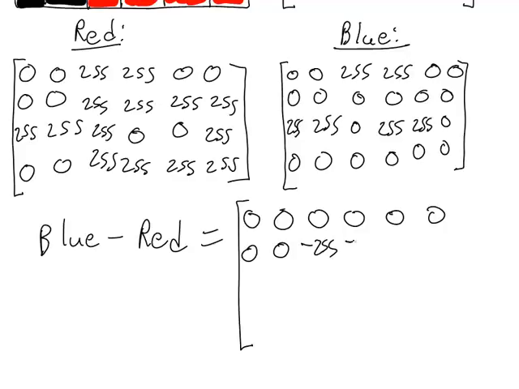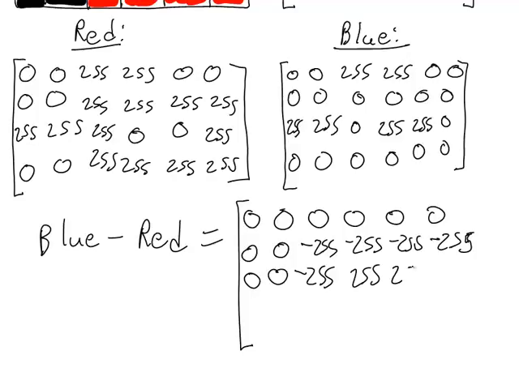0 minus 255, 0 minus 255, and 0 minus 255 there. 255 minus 255 is 0, and again, 0 minus 255 is negative. 255 minus 0 is positive 255. 255 minus 0, positive 255.